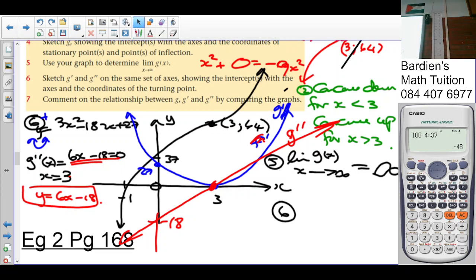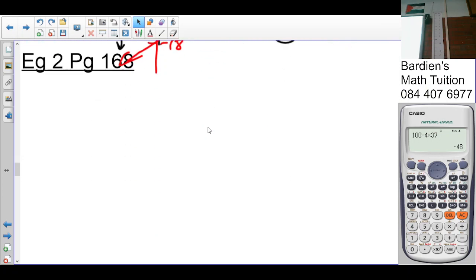What do you notice? What is common about these graphs? It's all to do with 3. After drawing a few of these graphs and comparing them, you will come to the following conclusion.